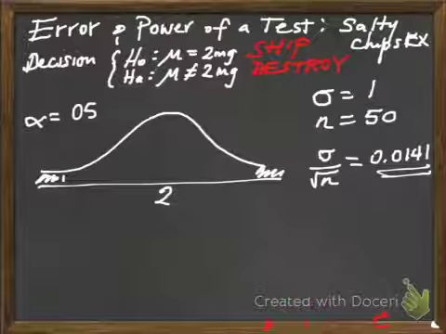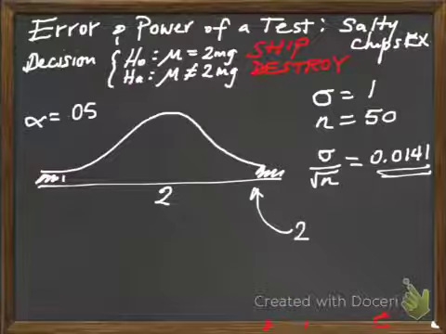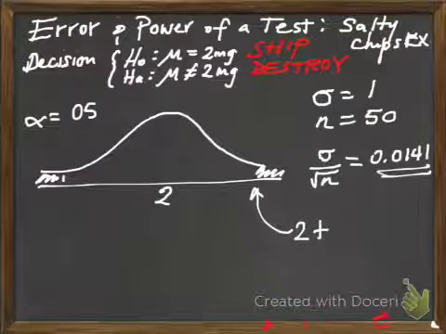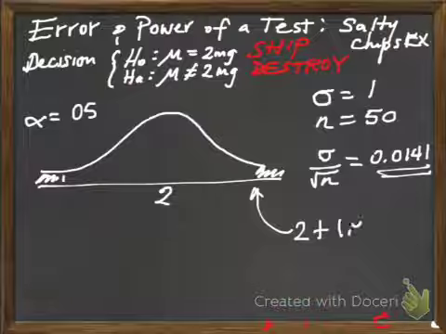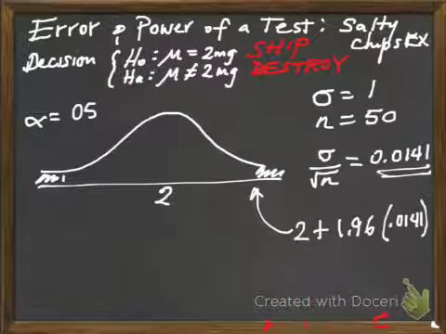This value is going to be 2 plus a certain number of steps to the right. How many? 1.96. What's this sampling standard deviation? Okay, and that gives us something like 0.03. It's just a little bit over 0.03. So this is 2.03.